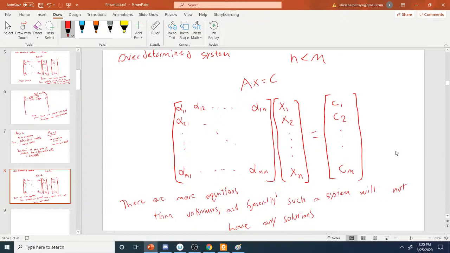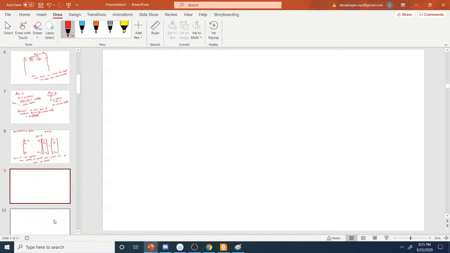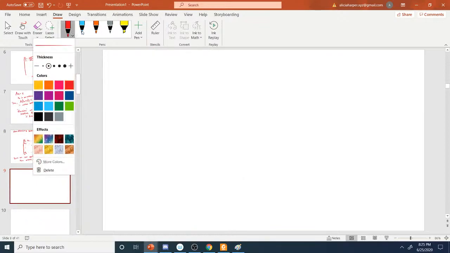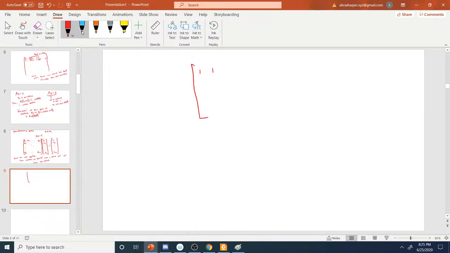To give an example, we could look at something like this: 1, 1, 1, 1, 1, 1. So this would be a 3 by 2 matrix. And we could multiply it by the column vector of size 2, x1, x2, and set it equal to 3, 3, 3.